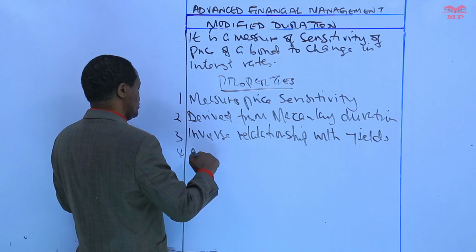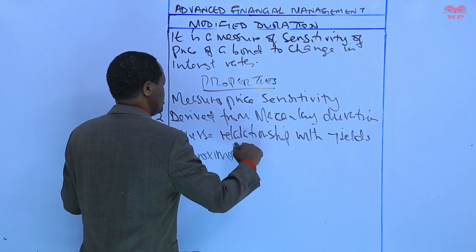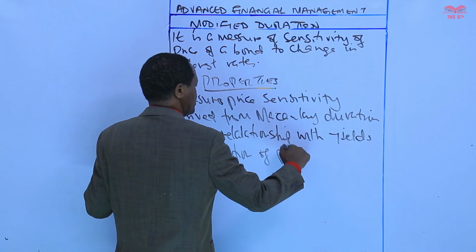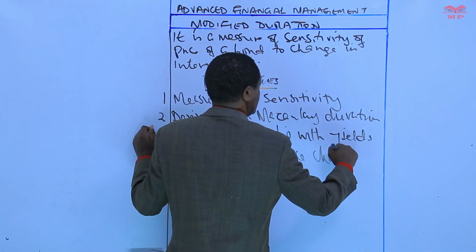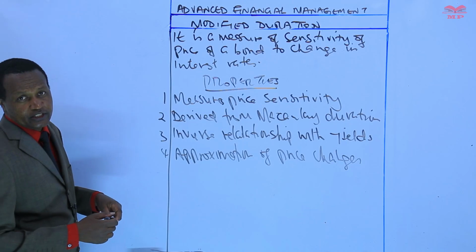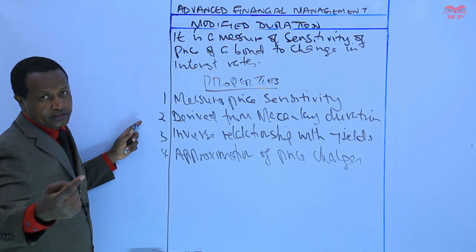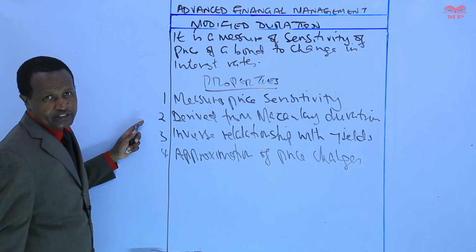4, approximation of price changes. Now, it provides an approximation of how a bond's price will react to yield changes.